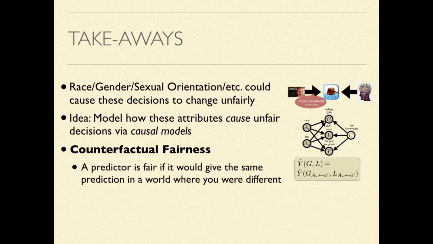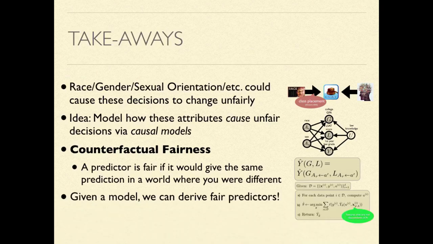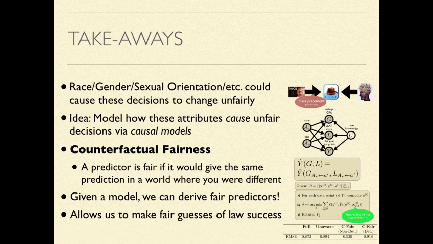We introduced a notion called counterfactual fairness that says a prediction is fair if it would give you the same prediction in a world where you had been different. And using this causal model, we have a mechanism to construct counterfactually fair predictors. A very simple procedure. This allowed us to make fair guesses of law school success.